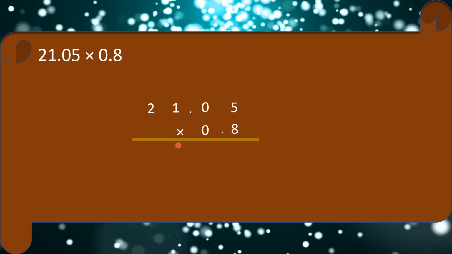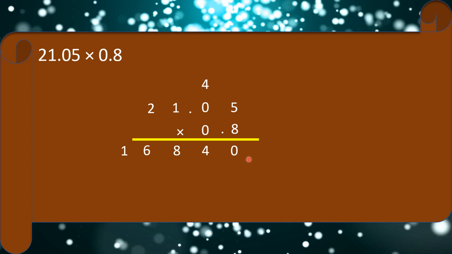Simple multiplication. So how we will multiply? 8 5s are 40. We will write 0 here, 4 as carry. Then 8 zeros are 0, 0 plus 4, 4. So we will write 4 here. Then 8 ones are 8 and 8 twos are 16. So it is our multiplication, a simple multiplication.